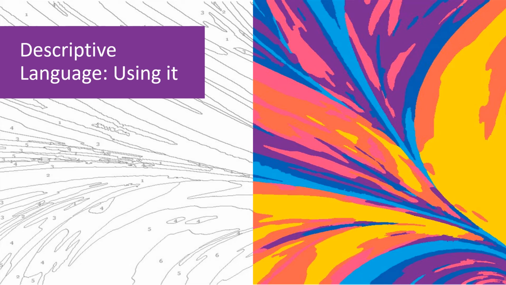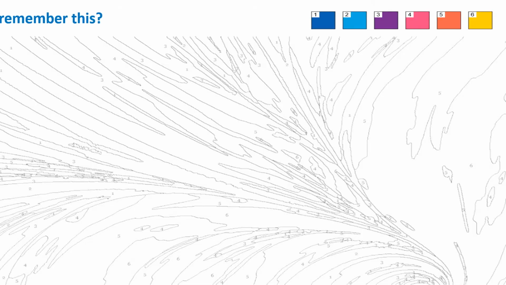So today we're going to be looking at descriptive language again, which we learned about yesterday, but today we're going to be really using it a lot more actively. So let's get started.